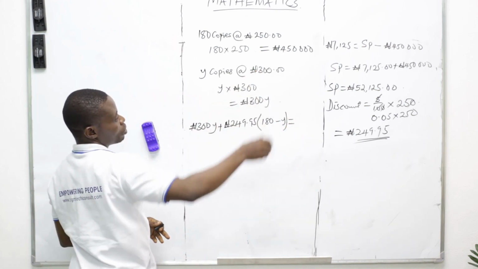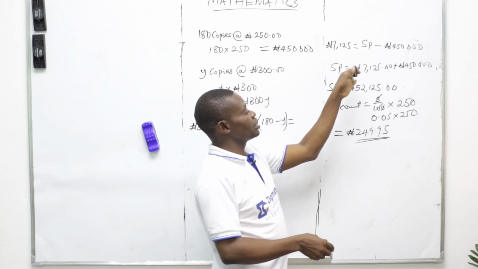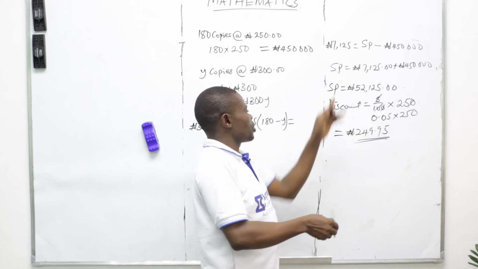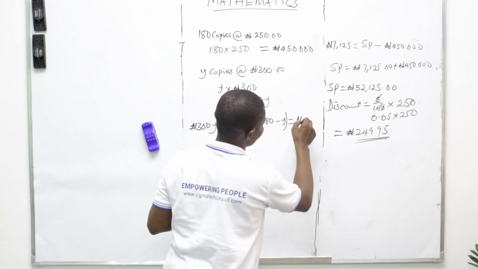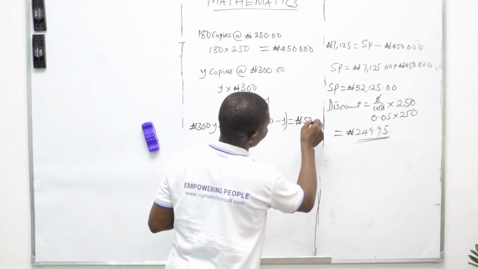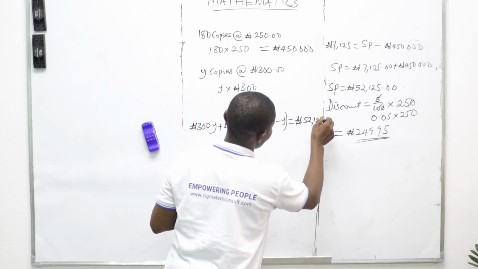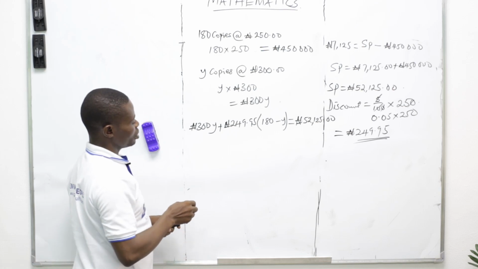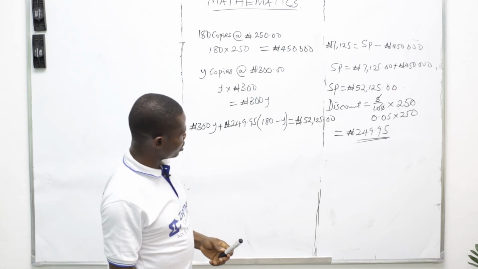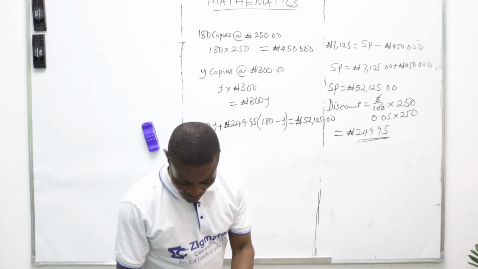The total price. What is the total price? That is our selling price, equals 457,125 naira.